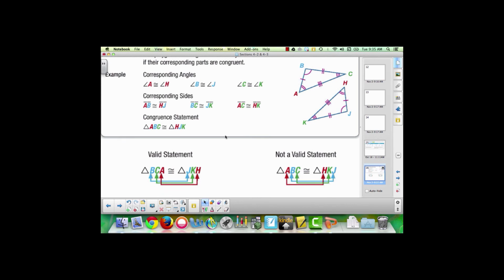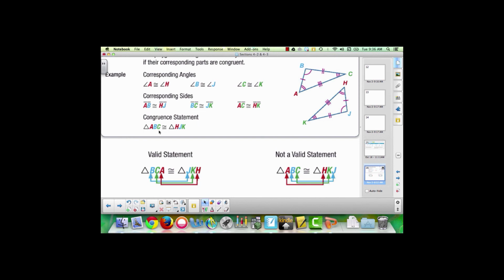Now we're going to talk about a congruence statement. A statement that says 2 polygons are congruent. When we say the 2 triangles are congruent, it does matter what order we write that statement in. When we name triangles, it doesn't matter if I call this triangle ABC, BCA, CAB, and so on.